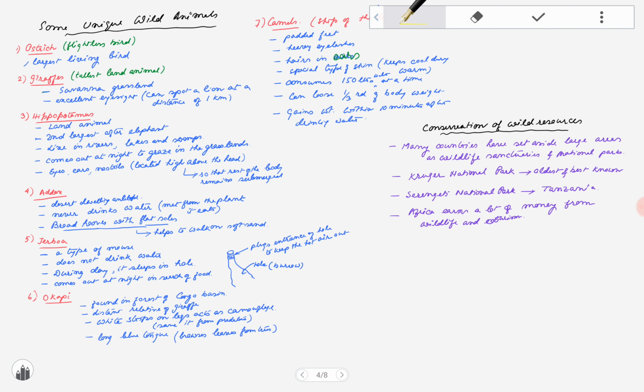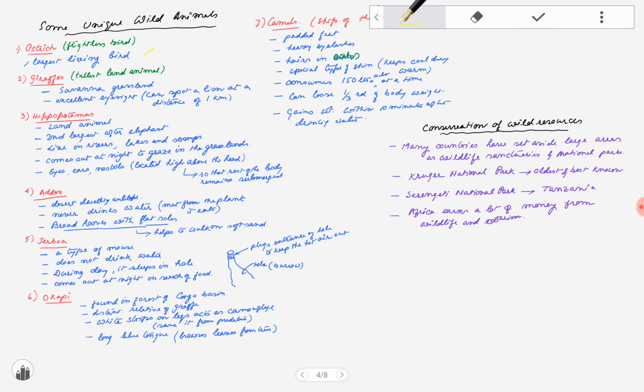Africa is famous for some unique wild animals. To name some of them: ostrich, zebra, hippopotamus, addax, okapi, camels. Now, ostrich is a flightless bird. I hope all of you know what an ostrich is like, and it is the largest living bird.